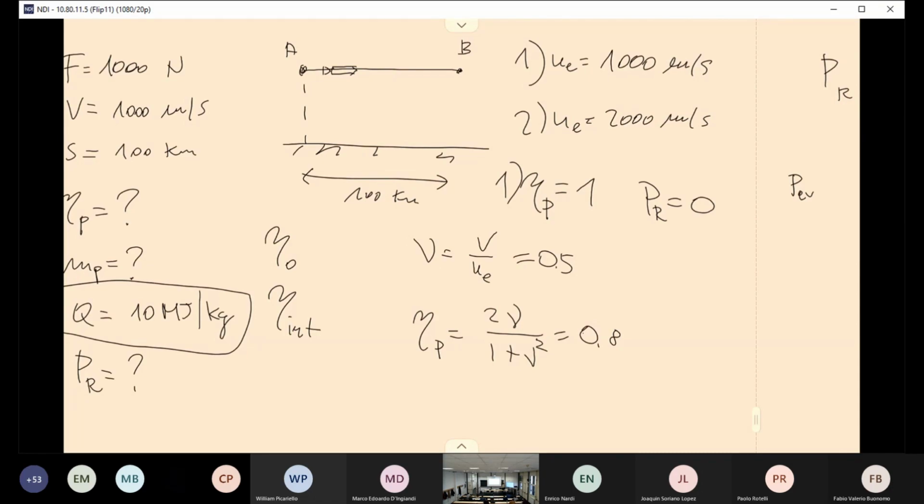So I make the multiplication by the flow rate, and the flow rate, of course, is something known, because m dot p is F over UE in both cases. So m dot p will be 1000 over 1000 or over 2000. So in the first case it will be 1 kilogram per second, and in the second case 0.5 kilogram per second.